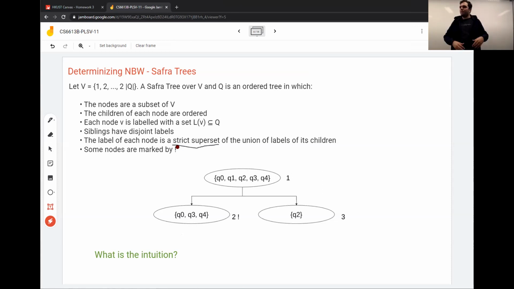And then just go on. So you have at most n vertices. The total number of Safra trees is a harder problem, but it's also finite because, well, we just showed that they have at most n vertices, so the number of trees on n vertices is finite.